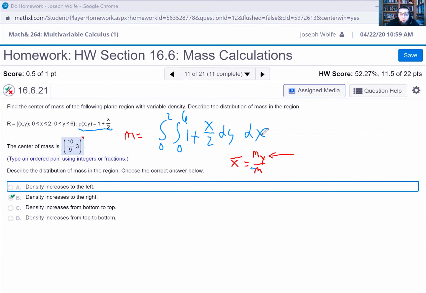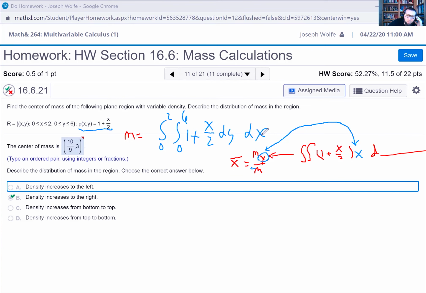So it's all of the stuff that you just did, and I'm just going to leave the limits off, but the key is that now you're going to have an x because we have the moment about the y-axis. So we just need to find both of those, right? Right. You evaluate this double integral, and that will find you x bar.